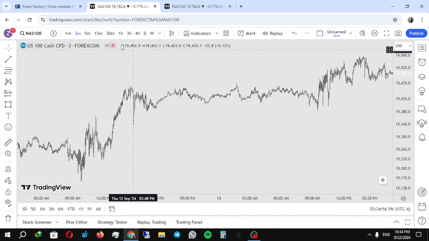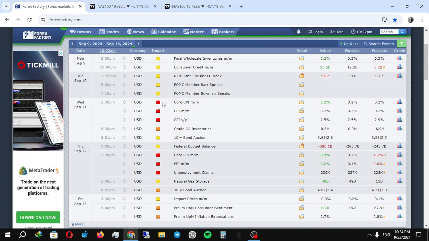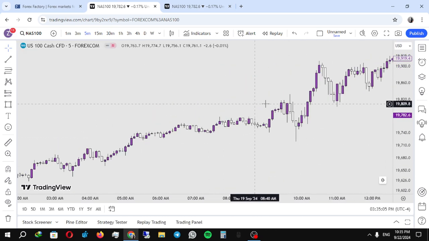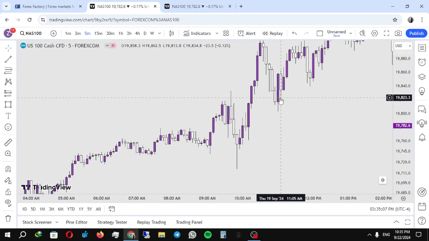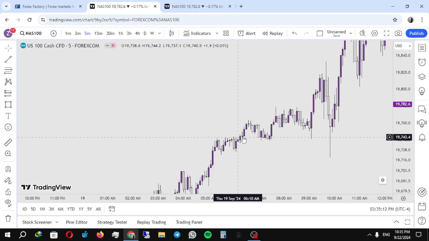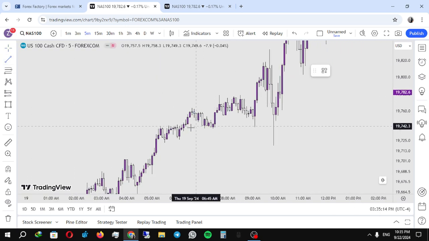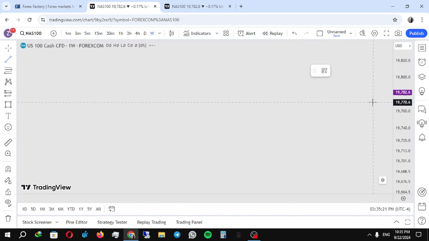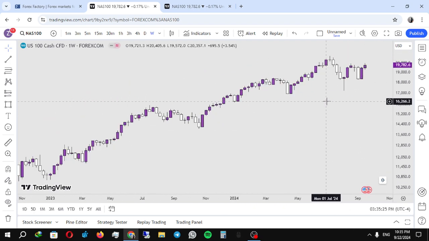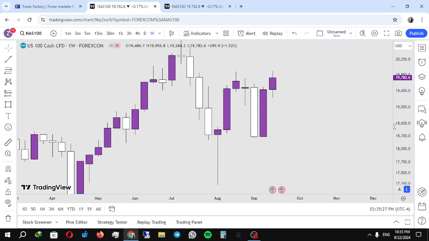So we go to the PPI day at 8:30. This day I was looking for sells, to be honest, because on the weekly and the daily, I'll show you the daily chart in a moment. Just wait.